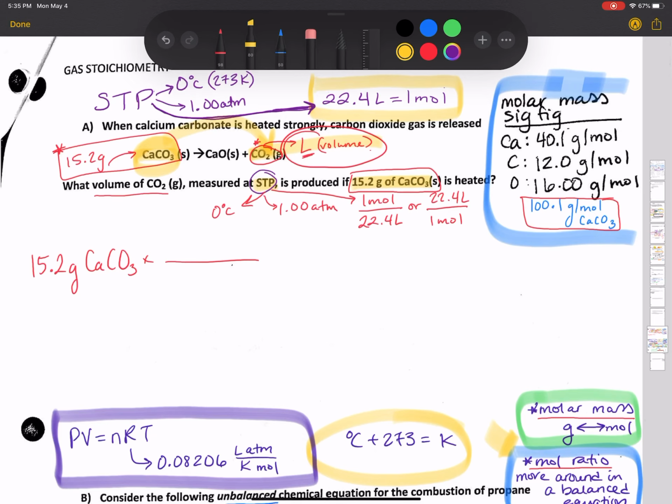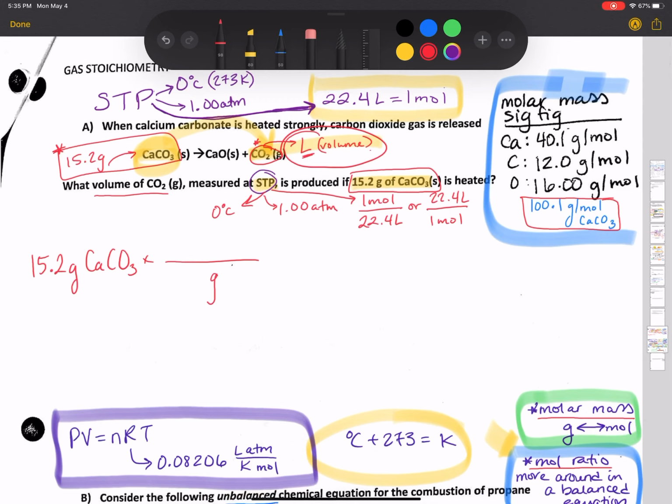I first need to get out of grams. The only thing that's going to help me to get out of grams is molar mass. So I have the molar mass written out for you at the right side of the page, and it's boxed in red, and it's 100.1 grams per mole calcium carbonate.